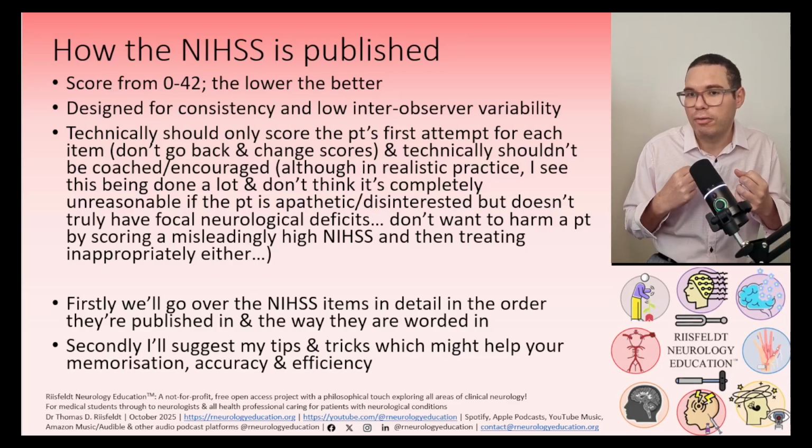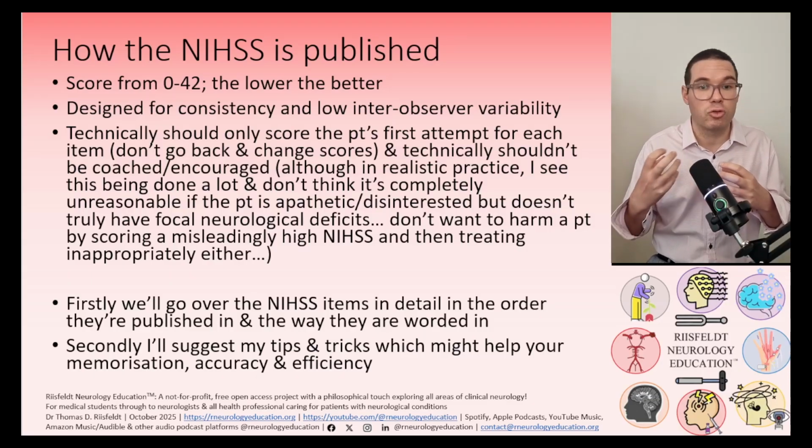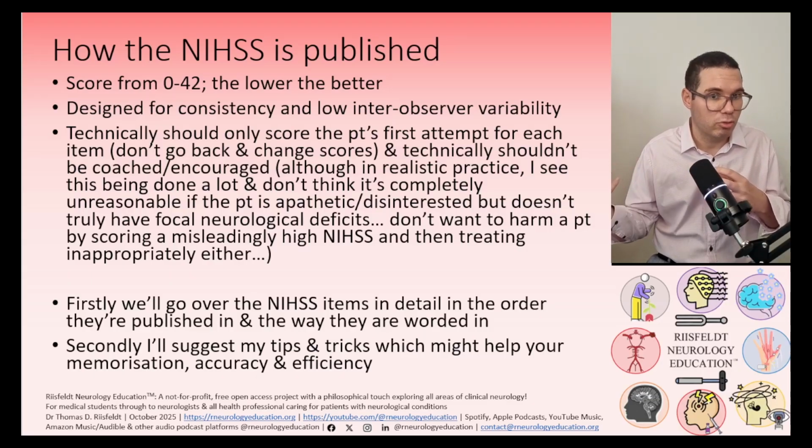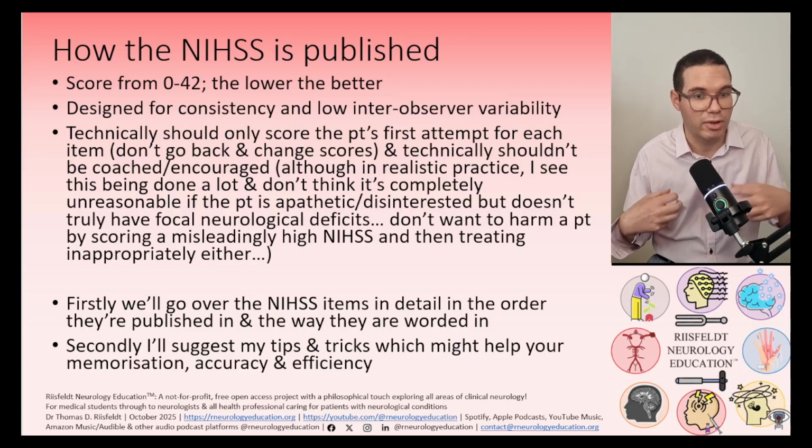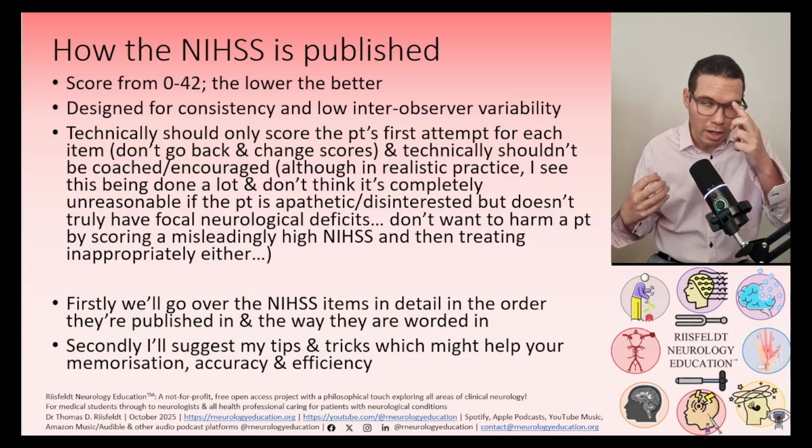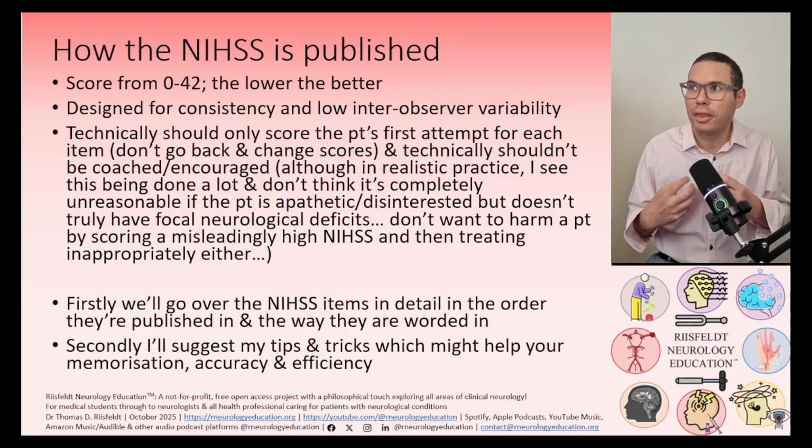So if you're examining a patient and you score them a particular NIHSS and then you're making a treatment decision based on the published literature, you want to know that your patient actually has the same NIHSS score as the patients that were enrolled in the trials, and that their clinical state is not actually different because you haven't done your NIHSS accurately.